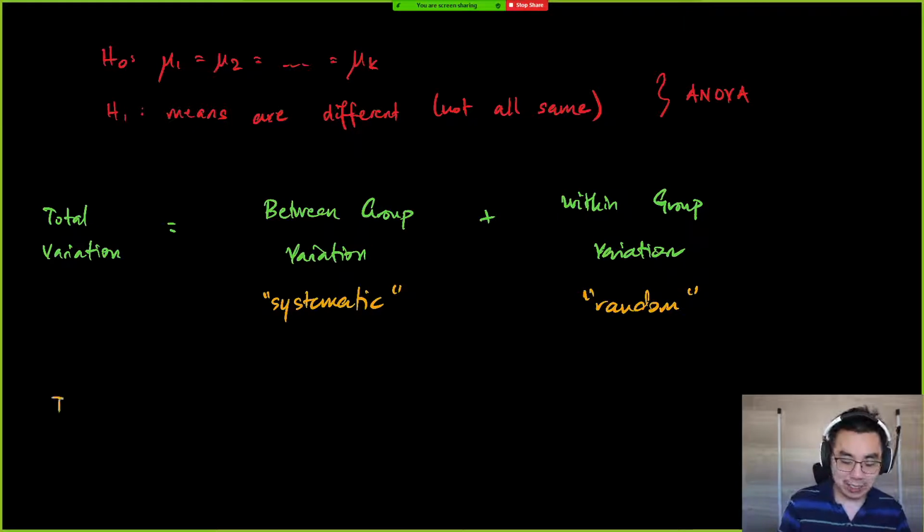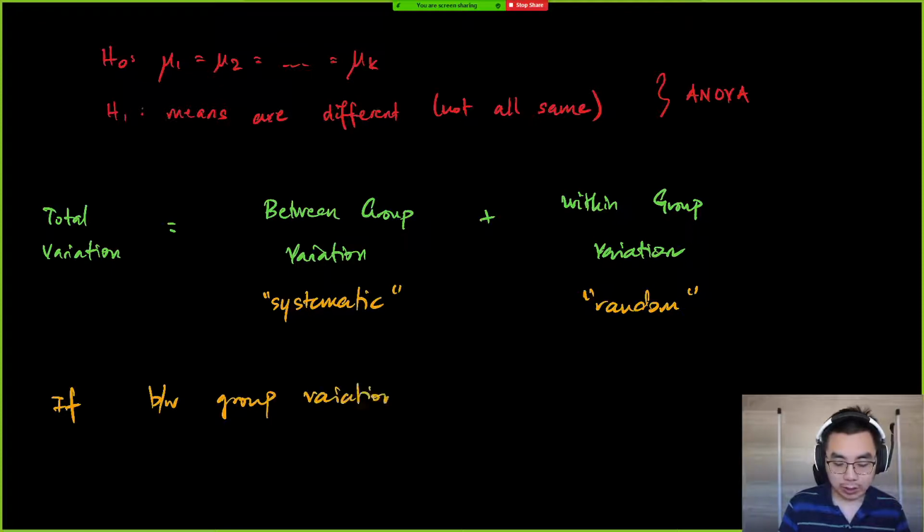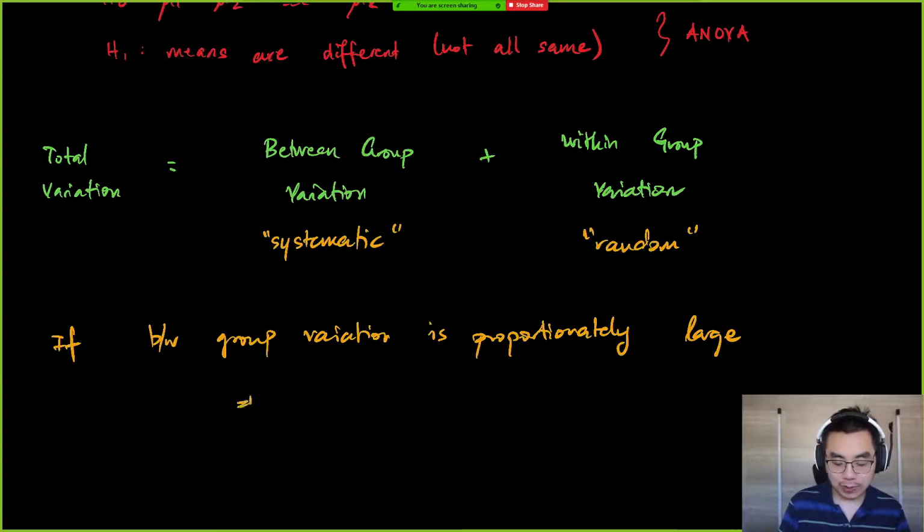Now, if the between group variation is proportionately large, then of course that implies there are systematic differences, and so the means are likely different.